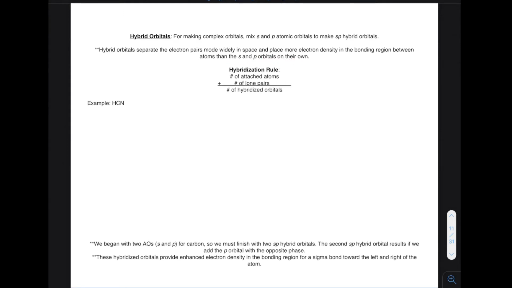So in general, when we're looking at a molecule and asking what the hybridization of an atom is, you look at the number of attached atoms and the number of lone pairs, and that is the number of hybridized orbitals on that atom. So let's look at hydrogen cyanide down here as an example.